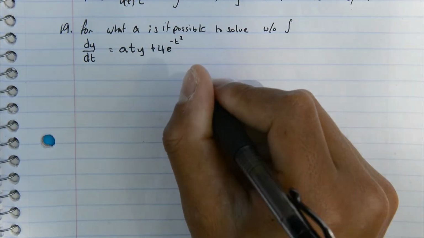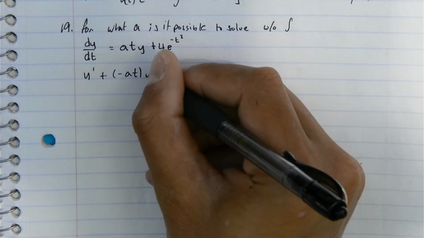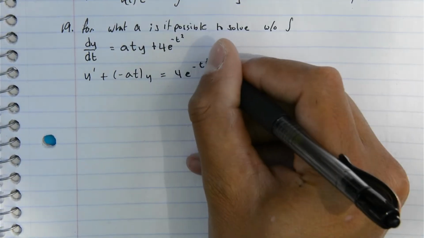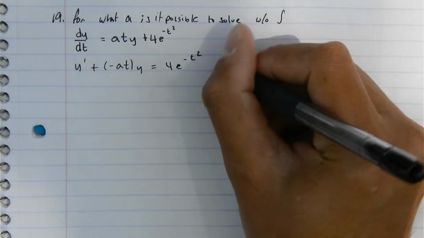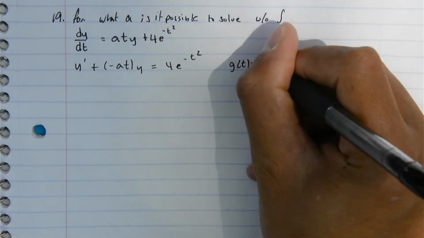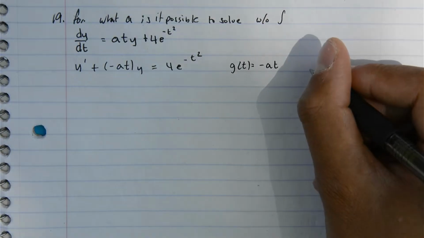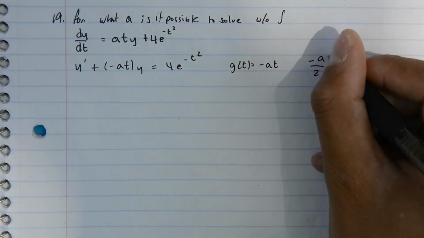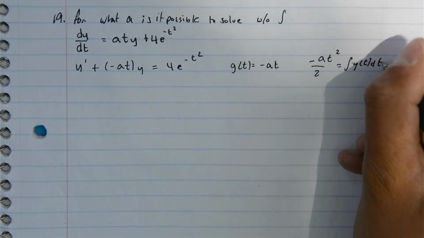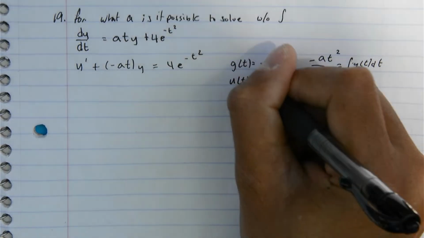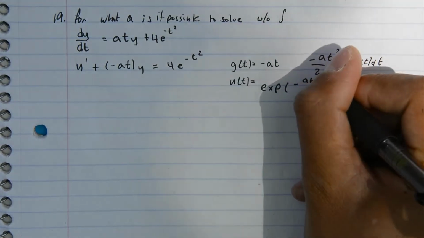Okay, so what we're going to do is y prime minus a t y is equal to 4e to the minus t squared. Are we in frame? Okay. So this means that g of t is equal to minus a t. So then we're going to integrate this dt, and we're going to get minus a over 2 t squared is equal to the integral of g of t dt. So now we're going to get u of t is equal to e to the minus a t squared over 2.